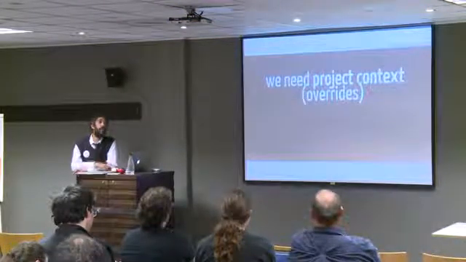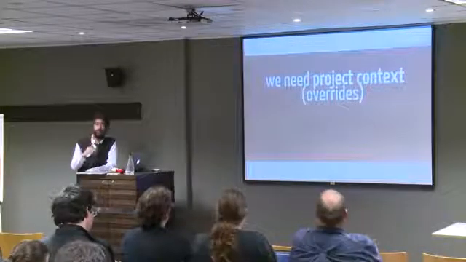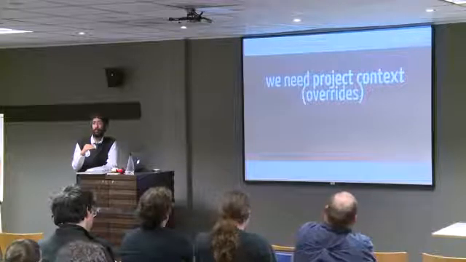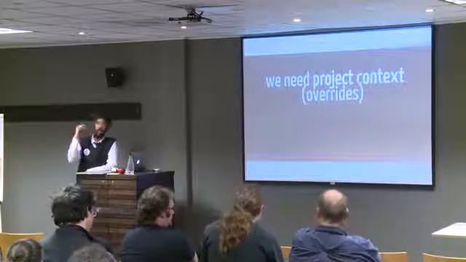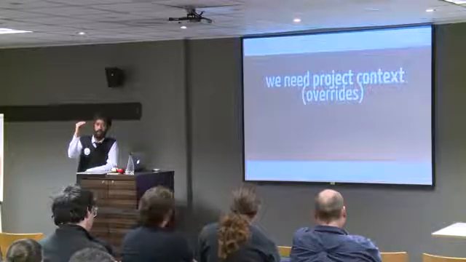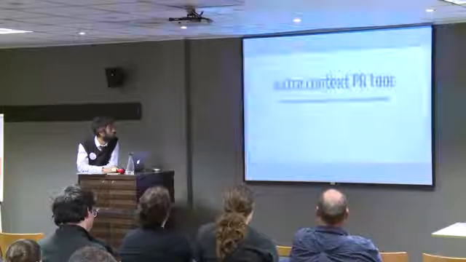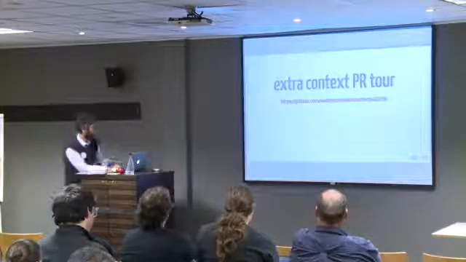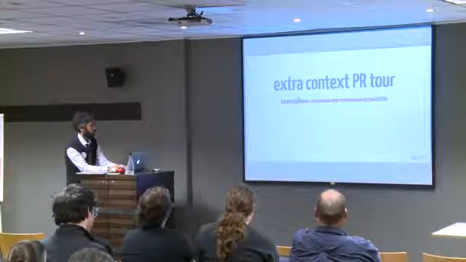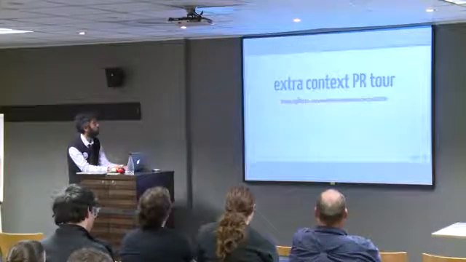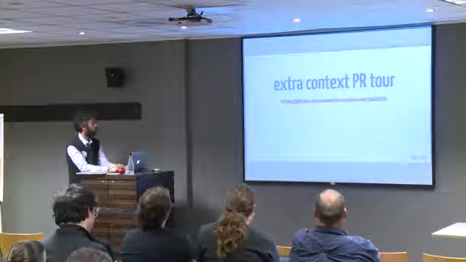So what we need is project context. We have the default context from your home directory combined with the context from the template, and we want to add project config for the particular instance that we're talking about. So let's take a look at my pull request, if we can do such a thing. Or not.